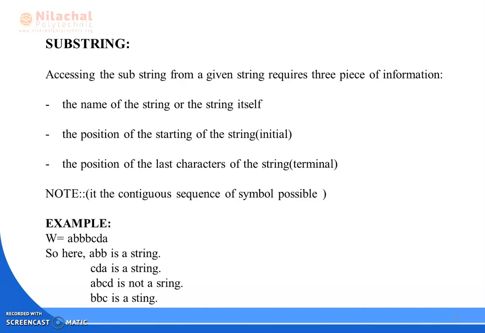The only idea of getting a substring is to find any contiguous sequence of characters or symbols. It can be from the starting of the string, from the end of the string, or from the middle of the string. That does not matter. But the thing that matters is it should be a contiguous sequence of symbols.